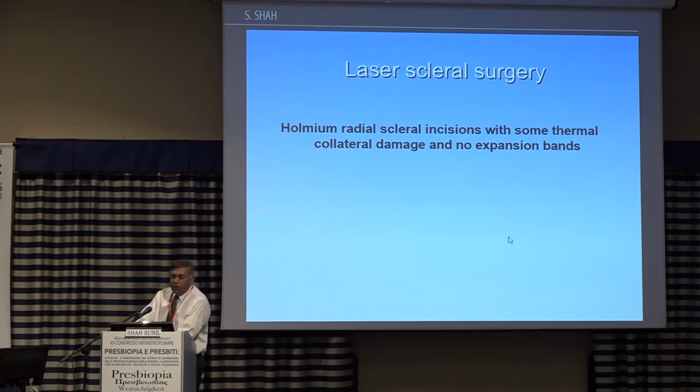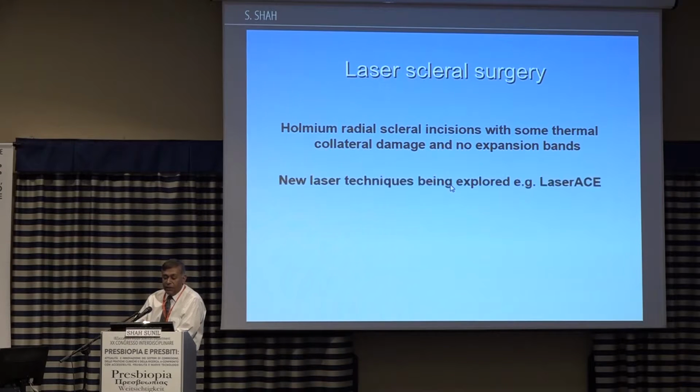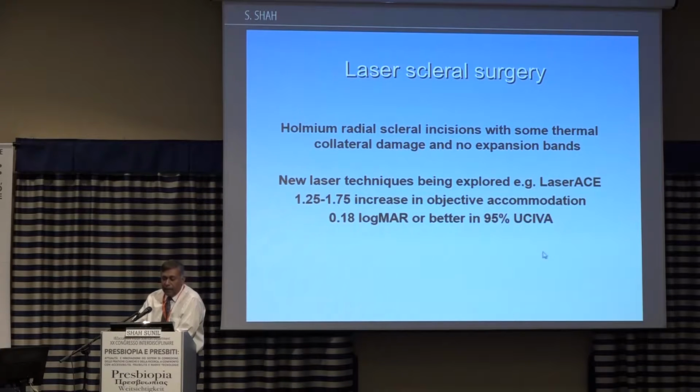One of the older devices which isn't really used anymore is a holmium laser to create radial scleral incisions. And literally that's all you do. But a newer technique which is being developed is called the laser ReSTORE. With this laser, you're just making little spots going down to 90% thickness of the sclera.